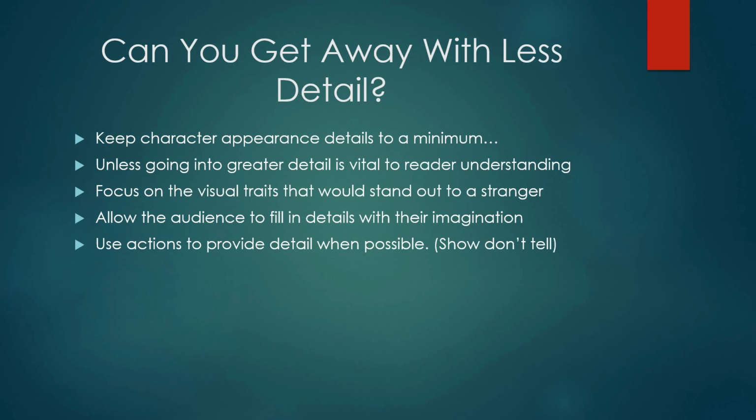So actions can get across quite a bit, and they're quick. I mean, you just write so and so does this, and like, oh wow, that character's really strong, or that character's really quick. Somebody was chasing them and they outran them, or they climbed up the side of a building, like Spider-Man or something like that. You get that in one demonstration of their physical prowess, or their martial prowess.